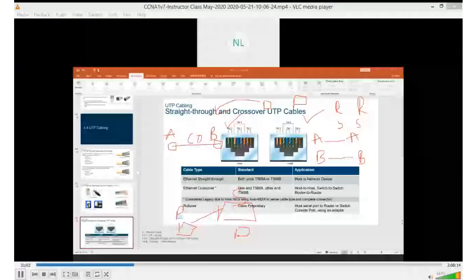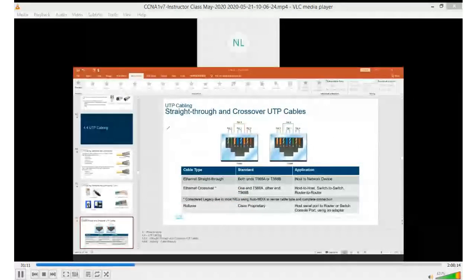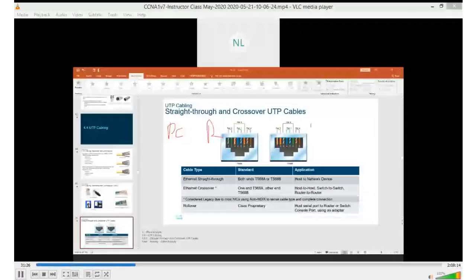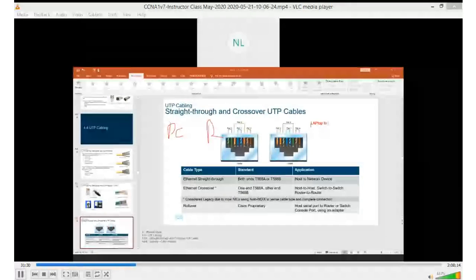The exception that you make, I'm just calling it an exception because you don't understand it now, is when you are connecting a personal computer, a PC, be it a laptop or a desktop, to a router. It is still considered similar devices. So let me just type them out here. I have laptop, I have PC to PC, maybe desktop.